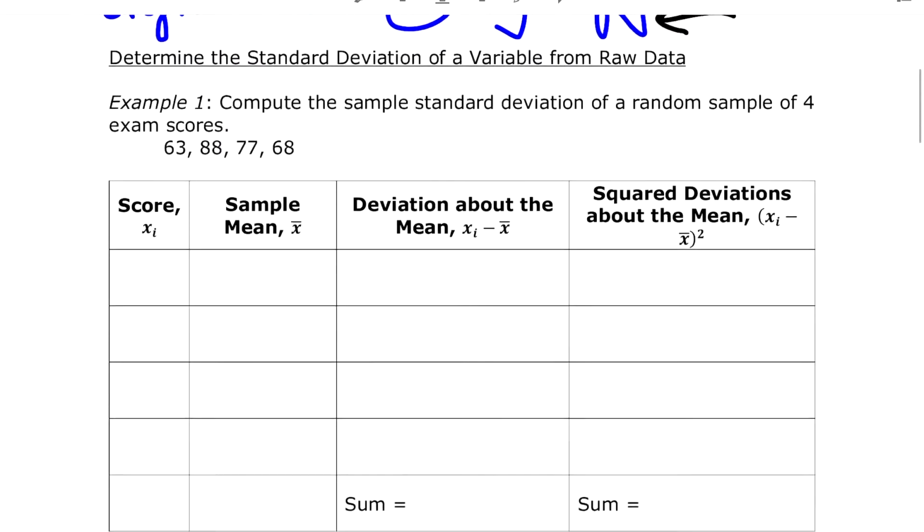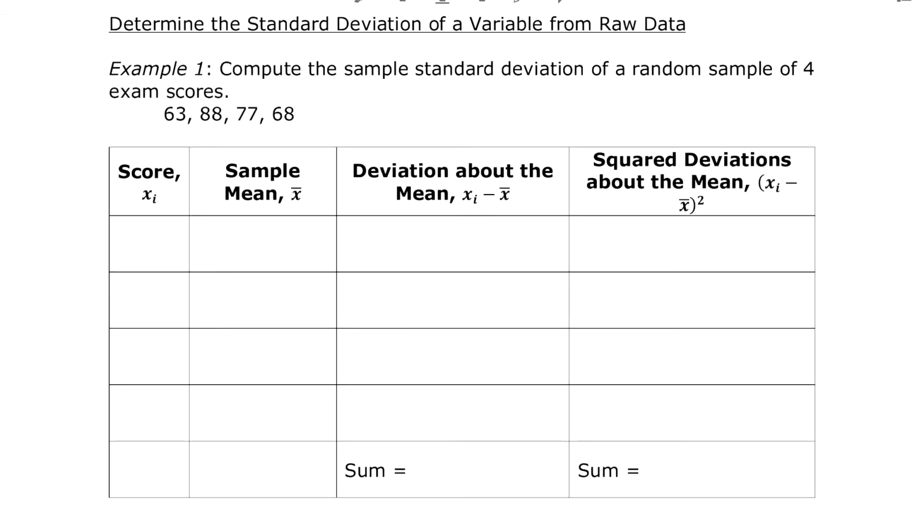So let's go ahead and do an example of calculating the sample standard deviation by hand. The first thing I want to do is fill in this table that I've created to help me manage everything I have to do with my data values. I have 4 data values that we're going to use: 63, 88, 77, and 68.